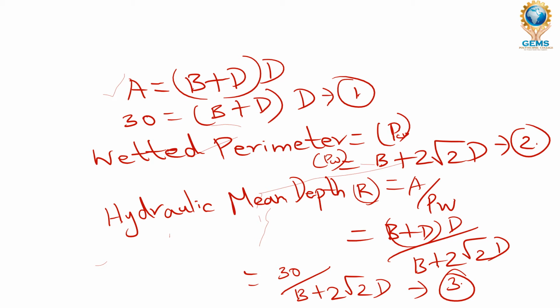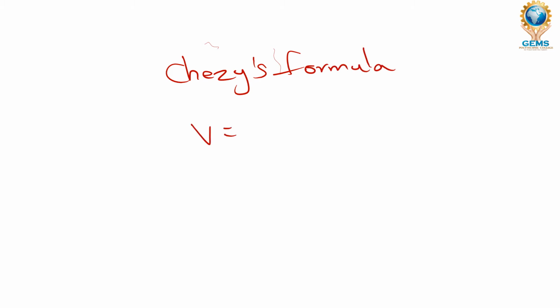Now we are going to see the Chezy's formula and how we apply it. Let's substitute the values which we found in the previous slides, and also the values given in our problem, in the Chezy's formula for finding R. The Chezy's formula is V equal to C into root R S. V is given in our problem, which is 0.80.